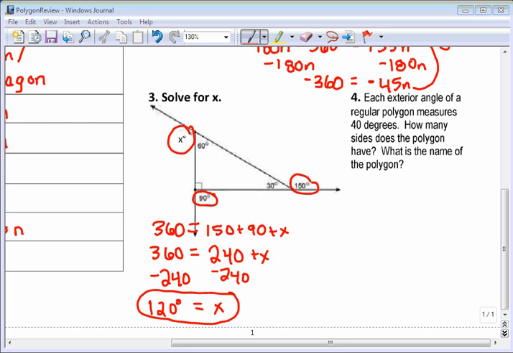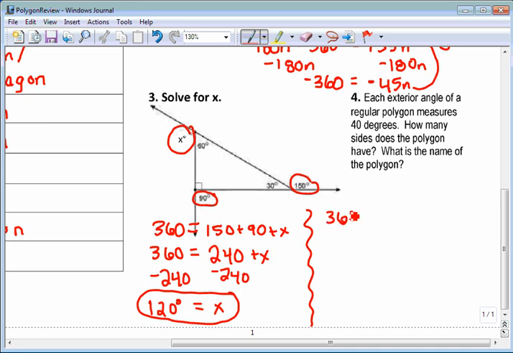Okay, problem number 4. Each exterior angle of a regular polygon measures 40 degrees. How many sides does the polygon have? What is the name of the polygon? We know that our formula for one exterior angle of a regular polygon is 360 degrees divided by n, n being the number of sides. And in this case, we know that the answer to this is 40. So how I'm going to solve this? Well, I can put 40 over 1 since it's a whole number and cross multiply to solve.